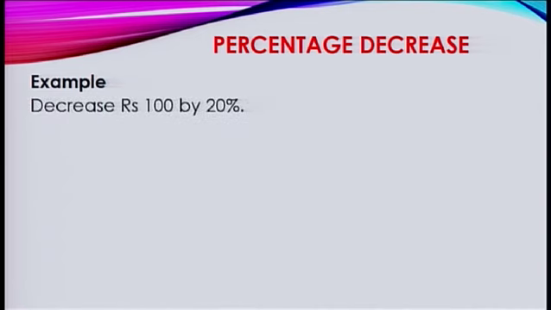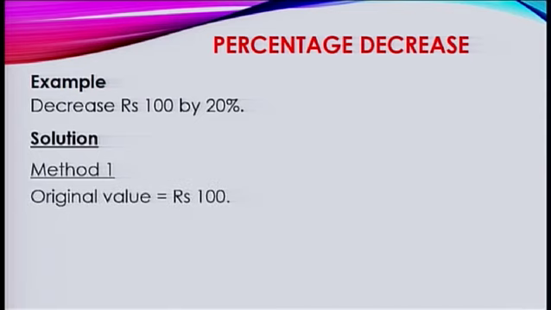Suppose you're asked to find the value of a number when decreased by 20%, right? So here you have decreased 100 rupees by 20%. How do you do it? Well, here also we'll have two methods. Method 1. Now, you know that the original value is 100 rupees, right?